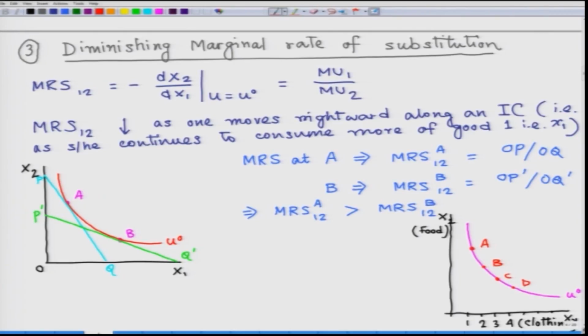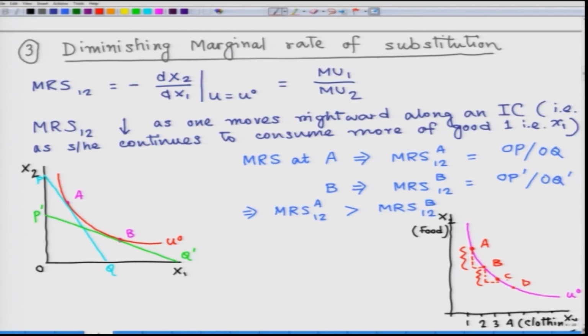So, note that the consumer initially was willing to give up this much of food for 1 unit of extra clothing. Once the consumer reaches point B to get another unit of extra clothing, now the consumer is willing to sacrifice some unit of food, but that magnitude of sacrifice has gone down.